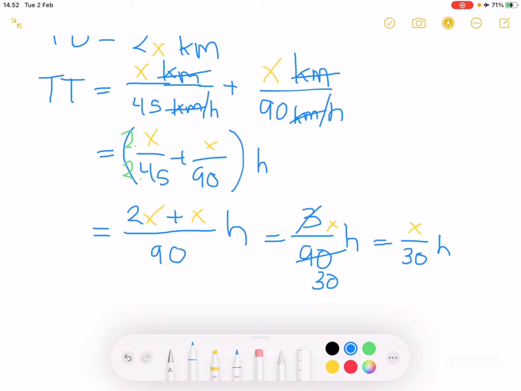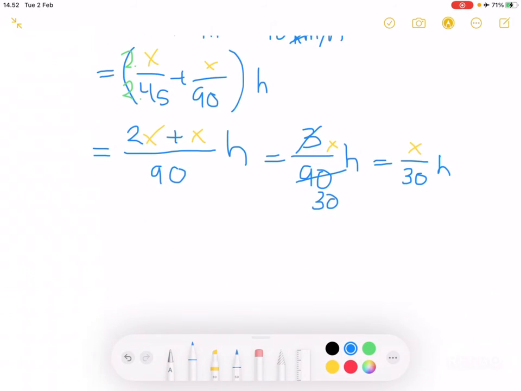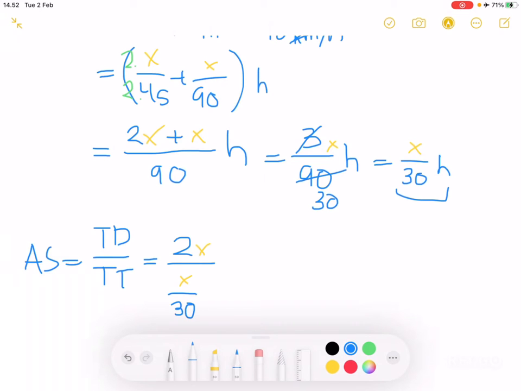Alright, and now we're ready to calculate the average speed. So remember, our average speed formula is just the total distance over total time. So our total distance, we calculated before, is 2x. Our total time right here is x over 30 hours, and this is in kilometers.